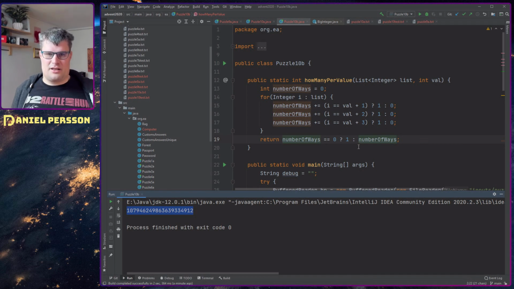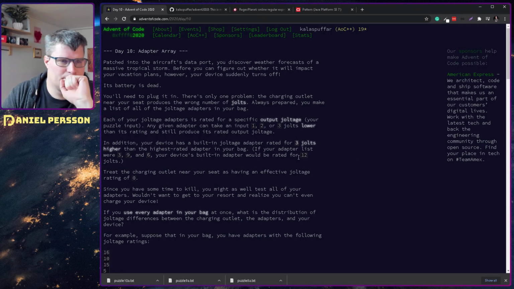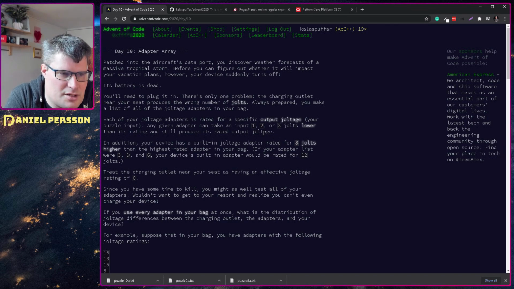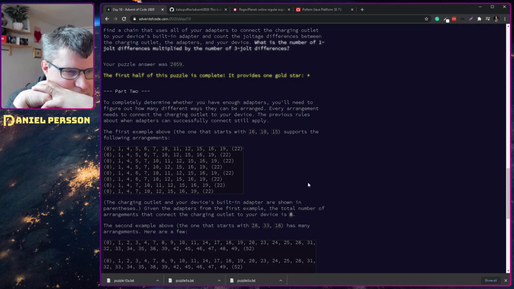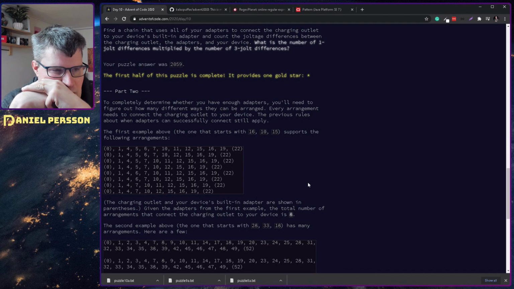Because the device could connect in one of 3 ways. Can take input of 1, 2, or 3 jolts. In addition, your device has a built-in voltage of 3 volts higher. So let's see here. They are actually doing all of these different arrangement.